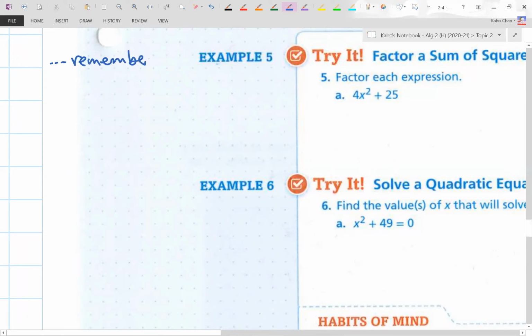Remember when we had difference of squares? Typical problem might be, oh, hey, factor this. x squared minus 9.